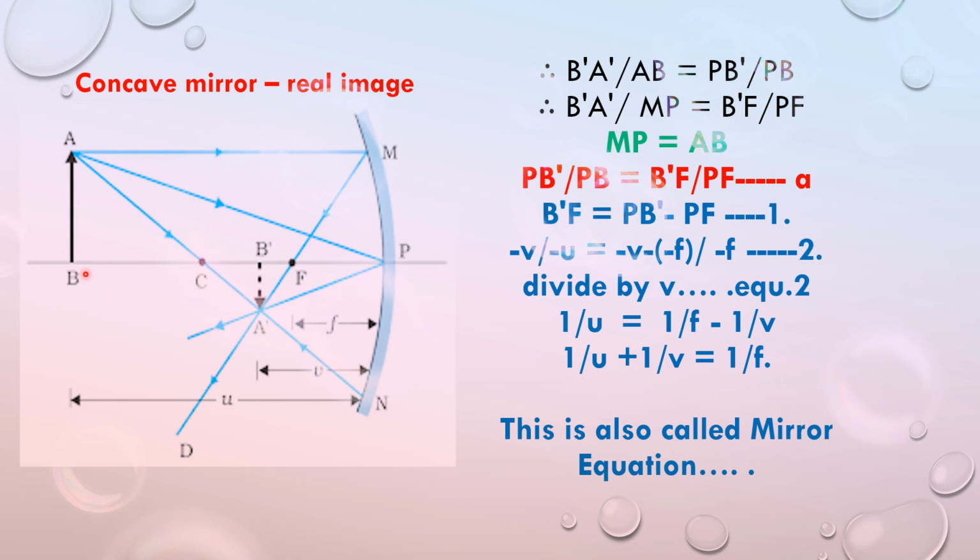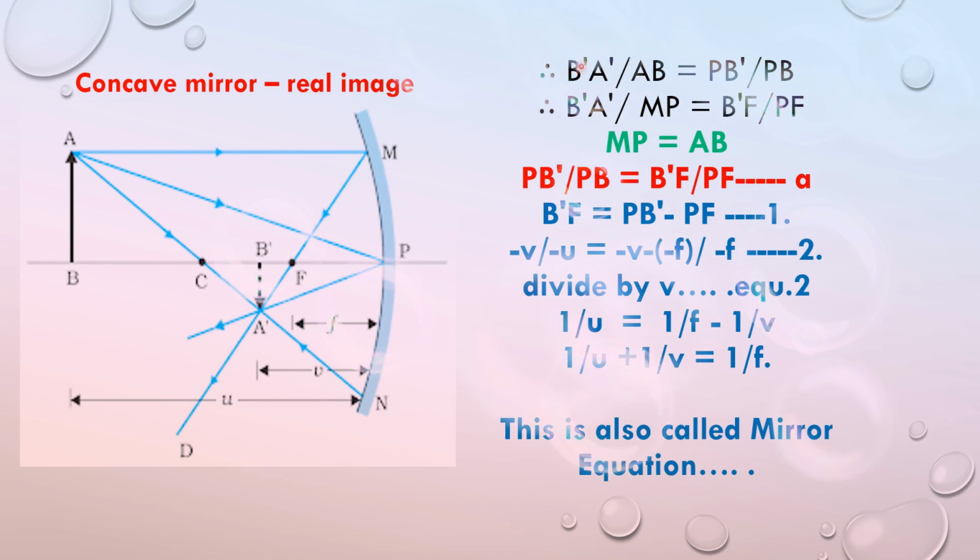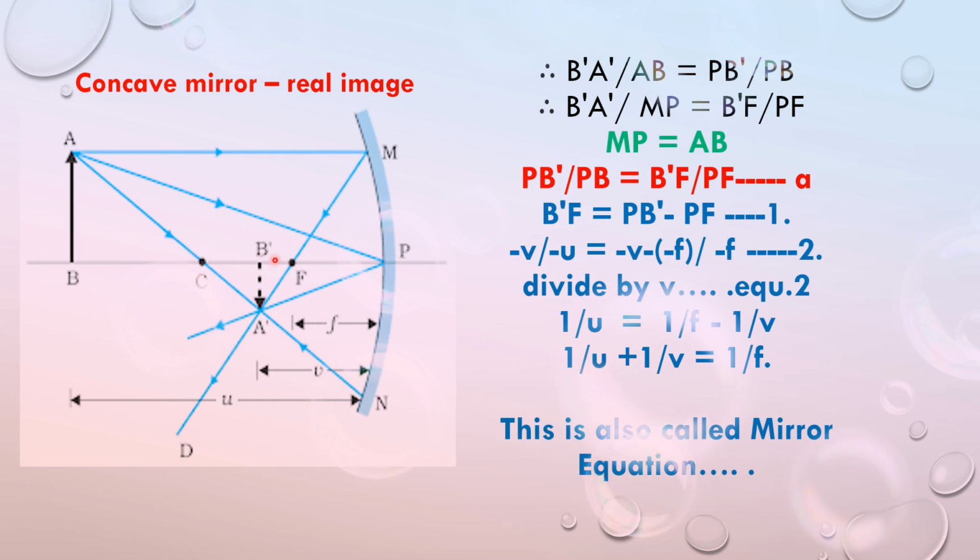Similarly, we can write for the right angle triangles A dash B dash F and MPF, which are also similar. So we can write the equation B dash A dash divided by MP is equal to B dash F divided by PF.